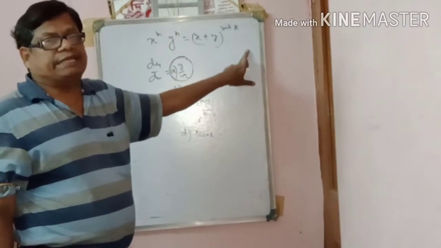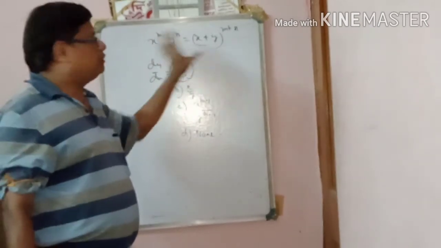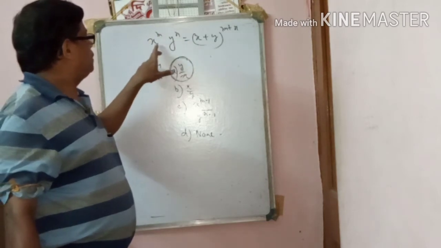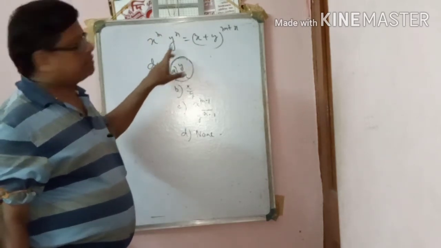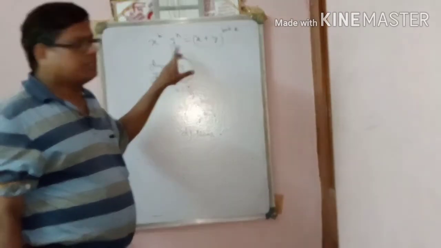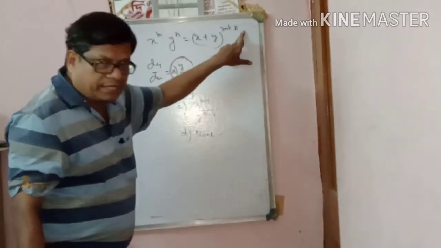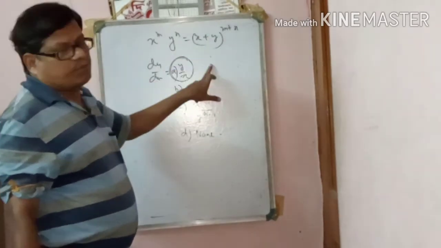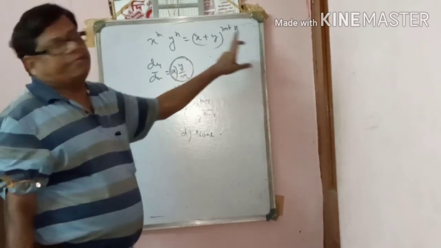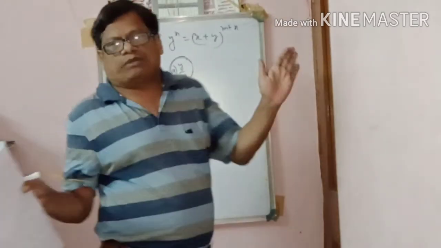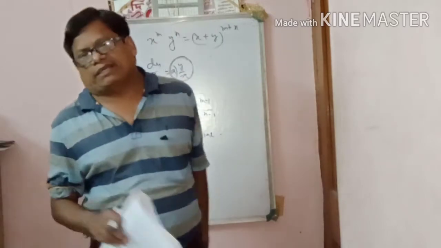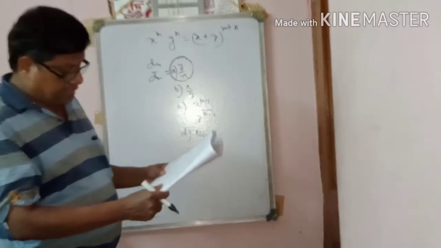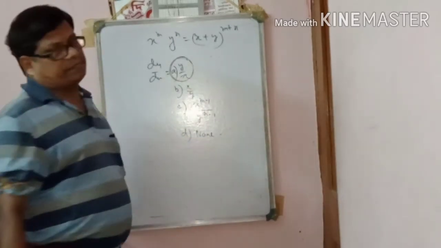Then differentiate both sides: m by x plus n by y dy/dx equals (m plus n) into 1 by (x plus y) into (1 plus dy/dx). Separate dy/dx on one side and the remaining part on the other side, and simplify, you will get y by x. The answer is y by x.